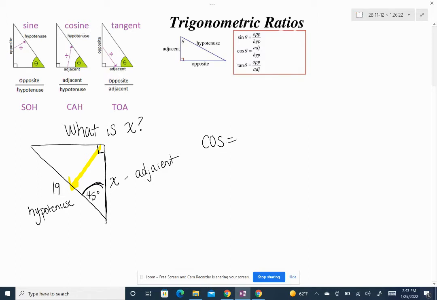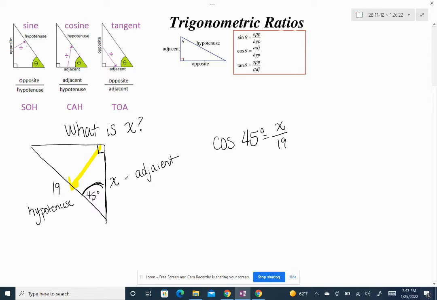So cosine of the 45-degree angle is equal to the adjacent, which is x, divided by the hypotenuse, which is 19.